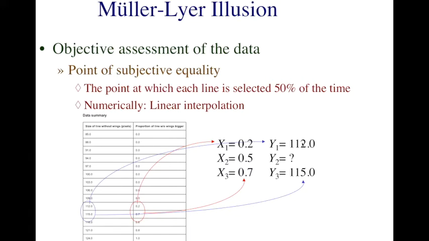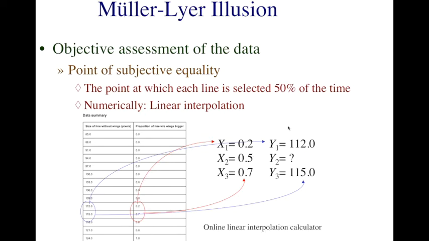We'll call y1 the size of line without wings that's associated with the 0.2 proportion, and we'll call the size of the line without wings here, 115, associated with the x column of 0.7, y3. What we're interested in knowing is what is the y associated with 0.5. That's the value we're missing.